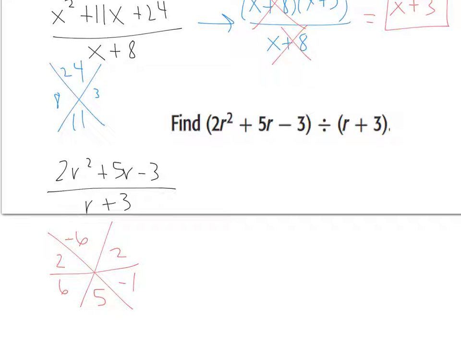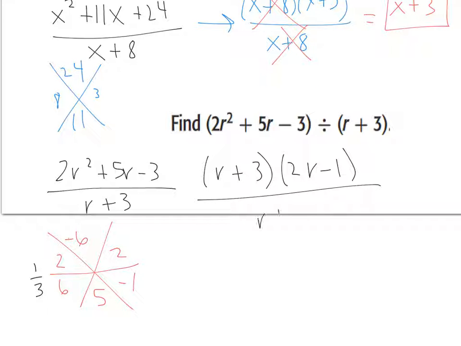Then I simplify the fraction of 2/6 to 1/3. So what I end up getting in the numerator now is r plus 3 times 2r minus 1 all over r plus 3. Look at simplifying the r plus 3, and I get 2r minus 1 over 1. So my final answer is 2r minus 1.